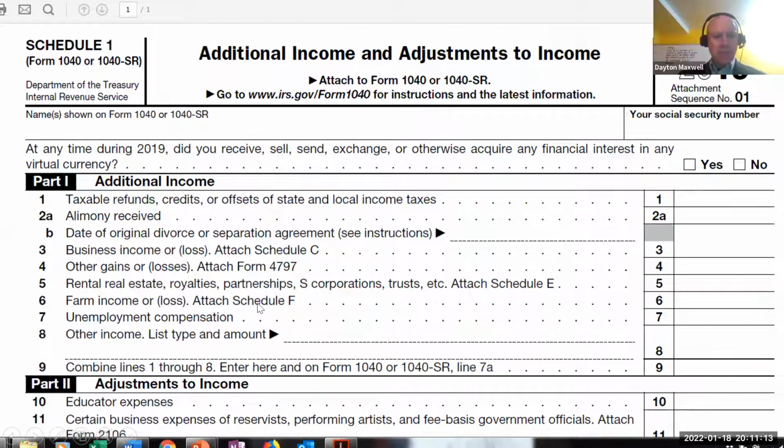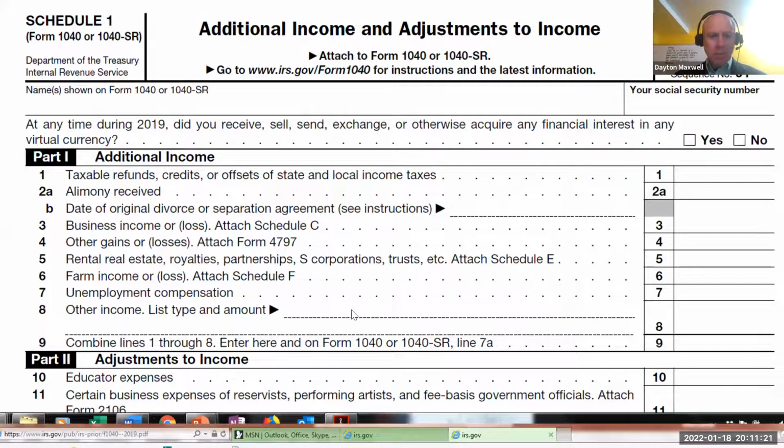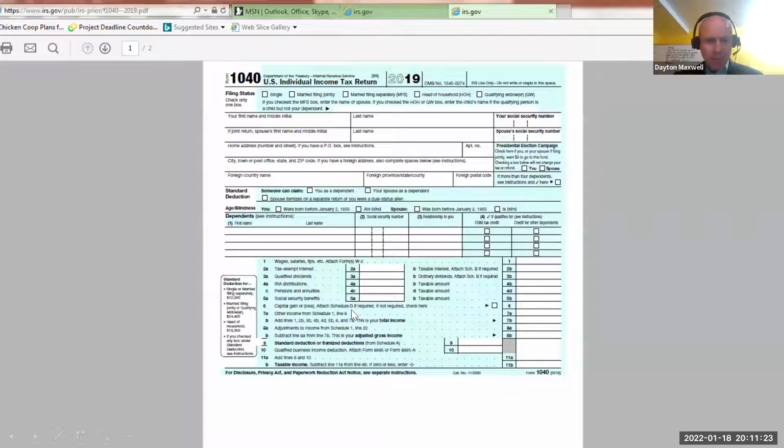And here it is, farm income or loss attached to Schedule F. And then it flows to the front of the 1040, and we see Schedule 1 right there. So front of 1040 formerly was much more detailed, but now the IRS has elected to use Schedules. So that's kind of how it all connects.